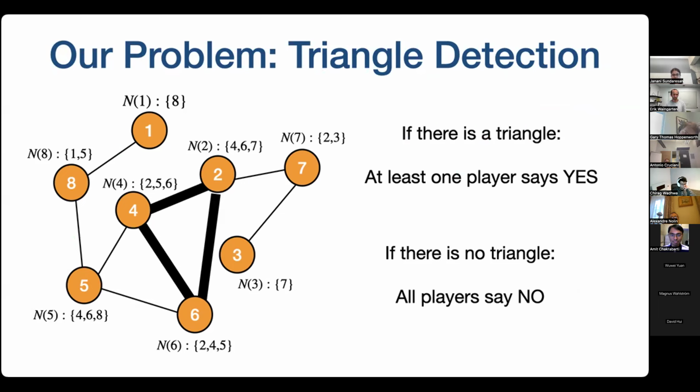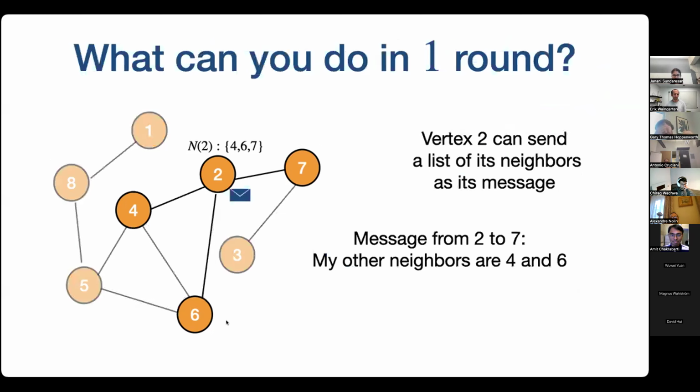And so what can you actually do in one round in the model we defined for the triangle detection problem? Okay, so let's do something very simple. Vertex 2 is just going to try and send a list of its neighbors through the edges that it has. So the message from vertex 2 to 7 is going to say, I have two other neighbors, 4 and 6.